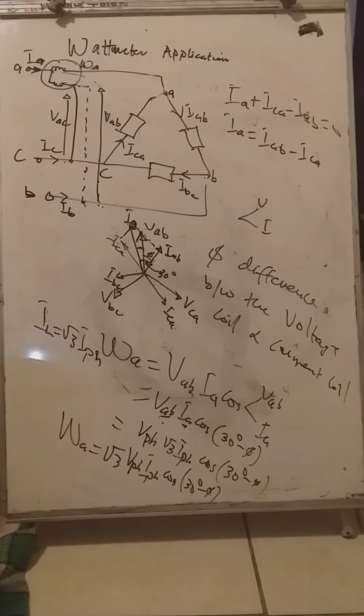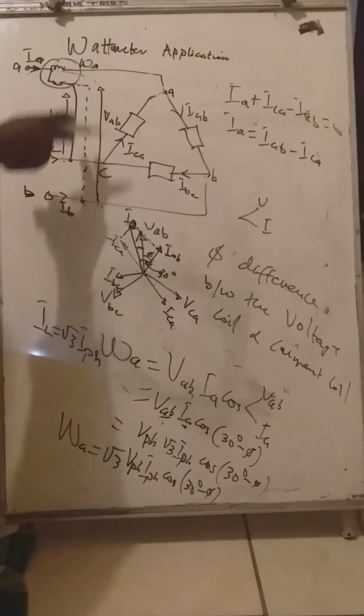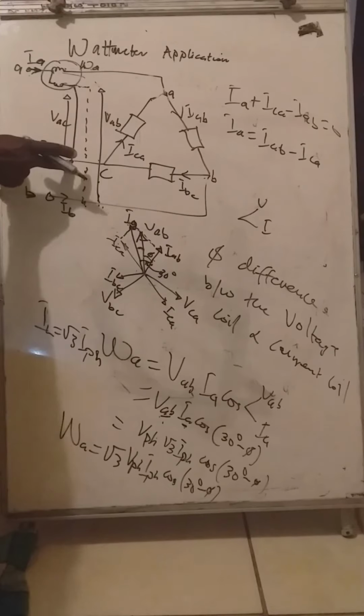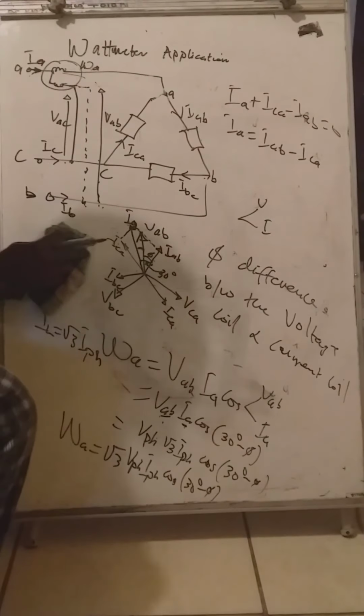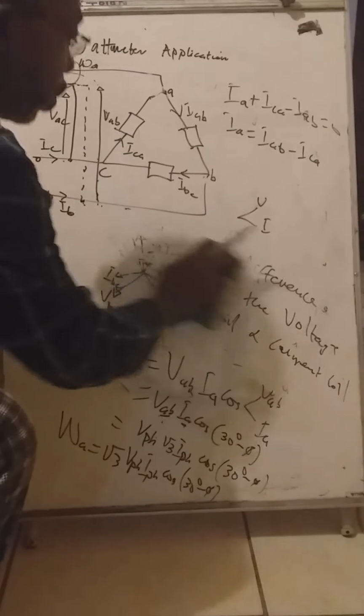Now, what about if the voltage leg is connected to line C? What do we get? Let's try to work that out also.